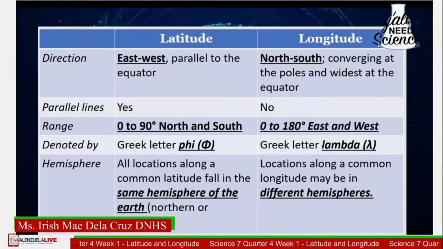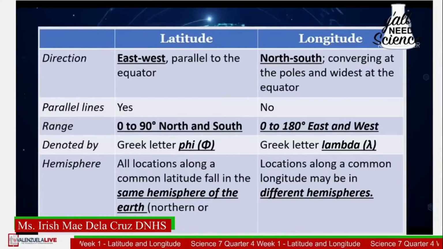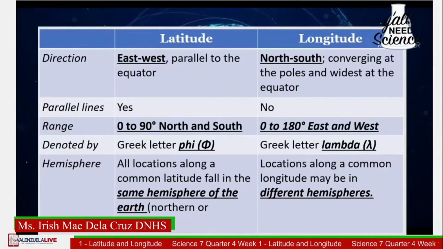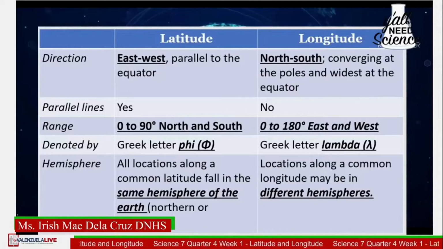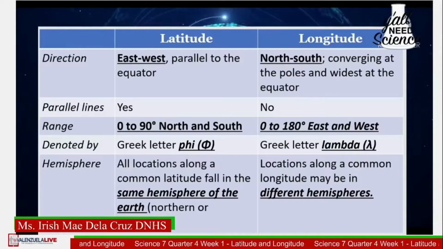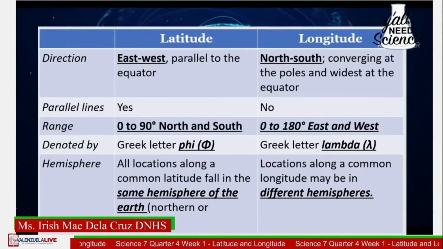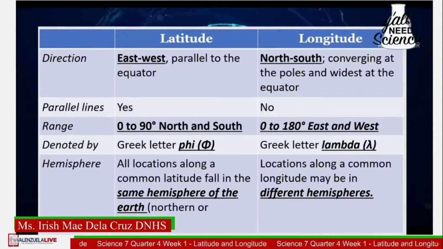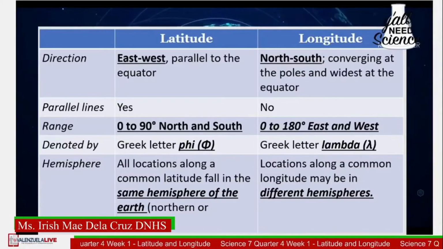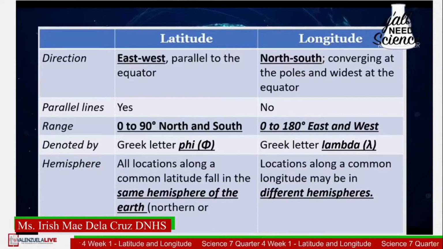In terms of direction, latitude is from east to west, parallel to the equator, while longitude is from north to south, converging at the poles and widest at the equator. In terms of parallel lines, latitude has parallel lines, while longitude doesn't have.